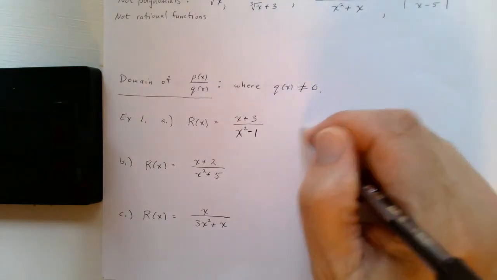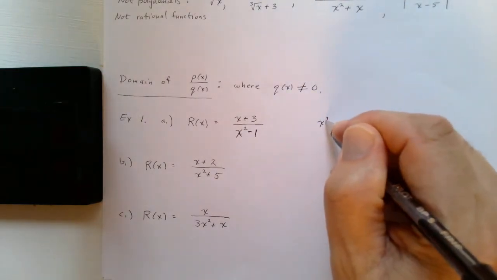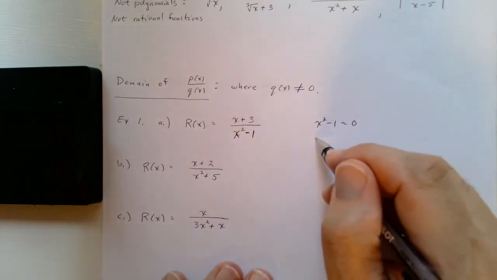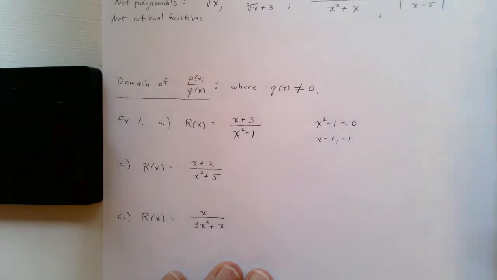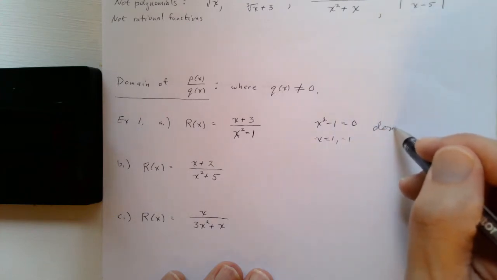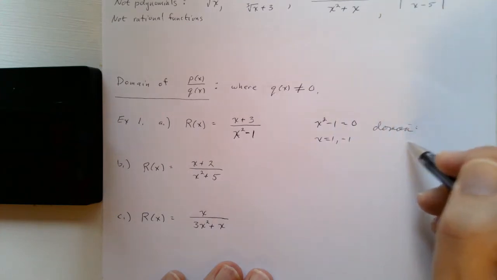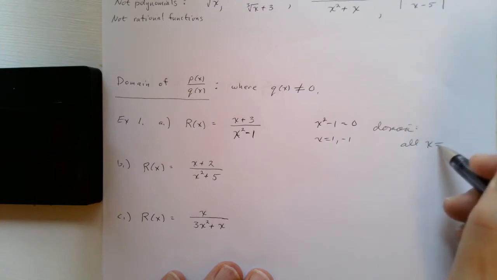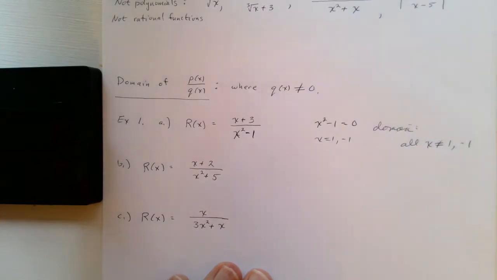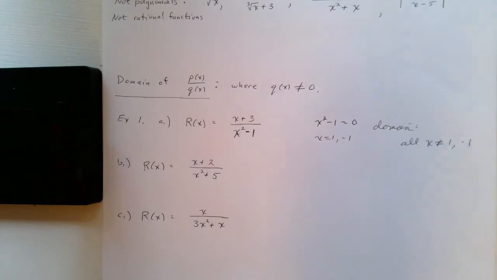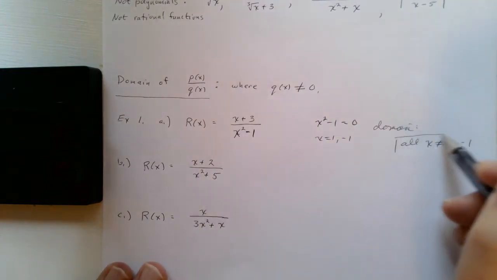Okay, so for example 1a, we just set x squared minus 1 equals 0. This means x is going to be 1 or negative 1. So the domain would be all x not equal to 1 or negative 1. You can write this in interval notation as well, but that's the domain.